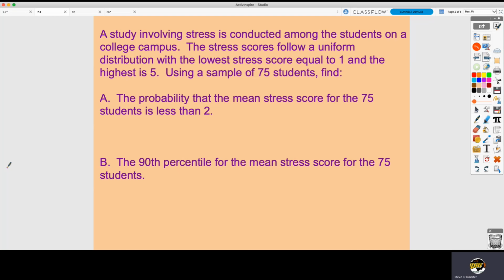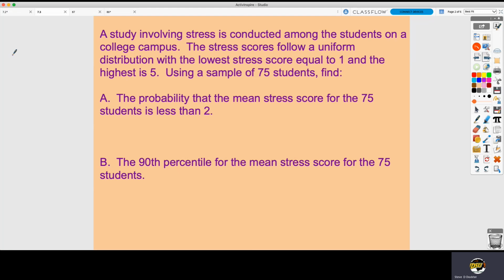All right, so the first question that we're being asked here is we need to find the probability that the mean stress score for the 75 students is less than 2. Now before we can even find that, we've got to be able to find some information first.